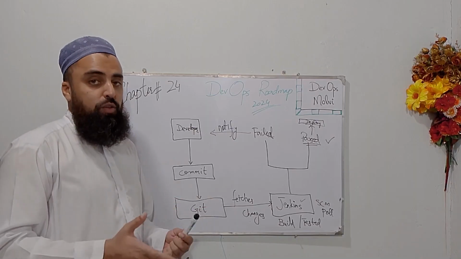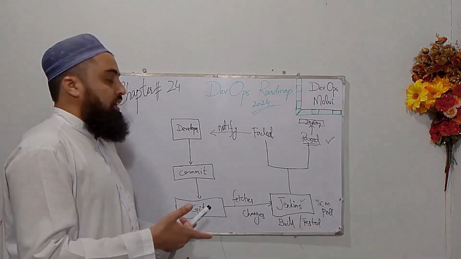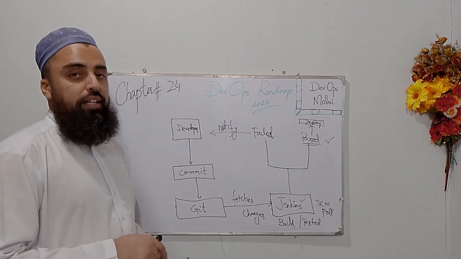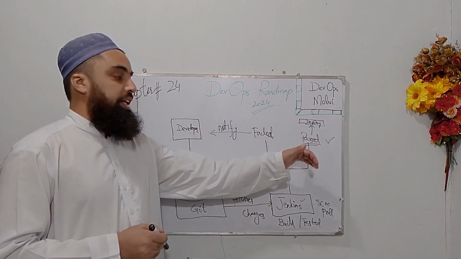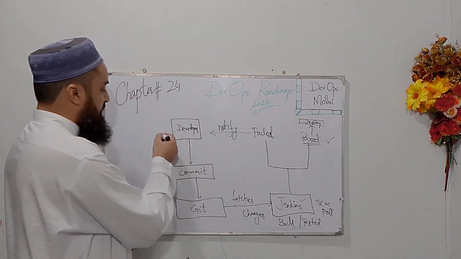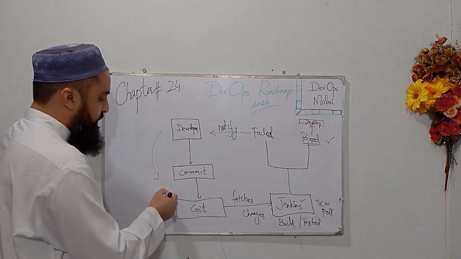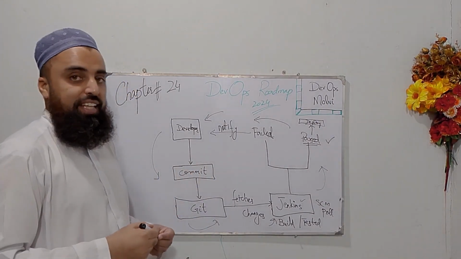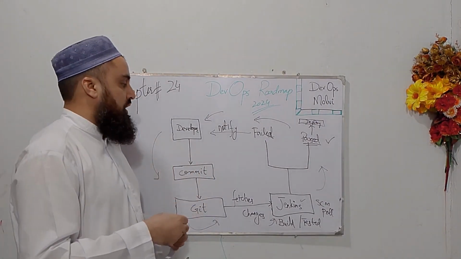You have to check the code, make the changes again, so that we can build and test the code again. So guys, you can see that it is a never ending loop. This chain never finishes. That is why it is continuous.